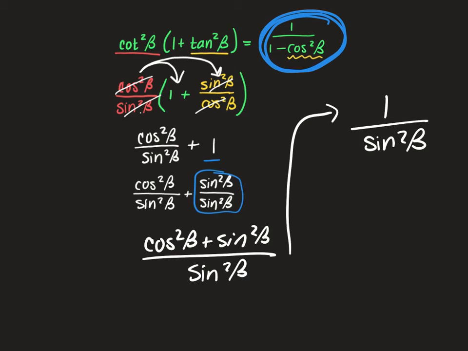And right now we have 1 over sine squared. So what is sine squared also equal to? 1 minus cosine squared. So that means we now have 1 over 1 minus cosine squared. And we did it.